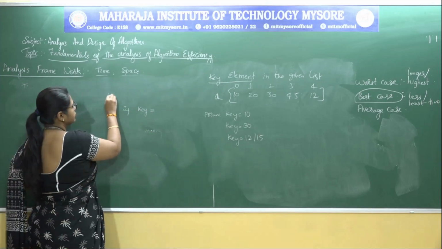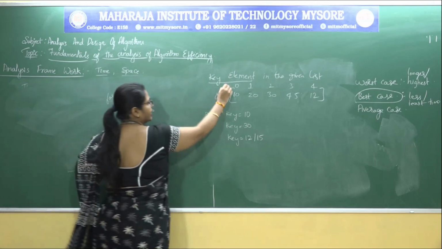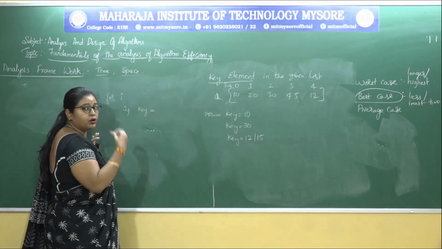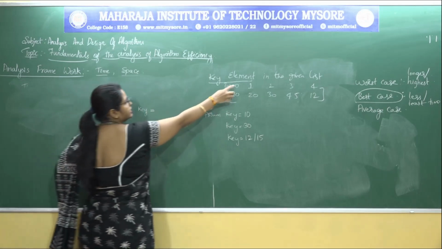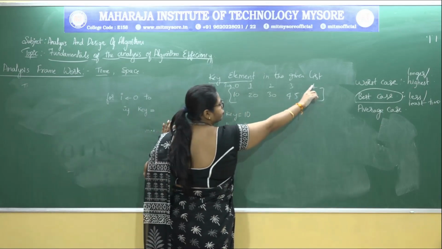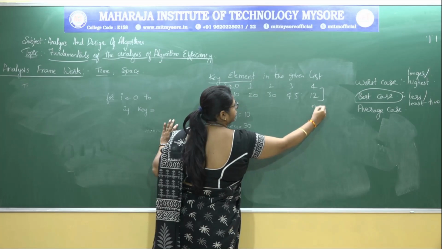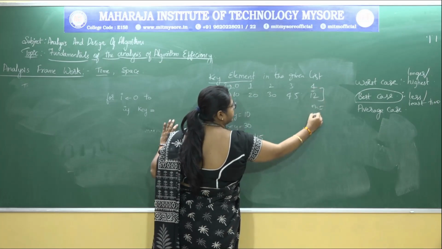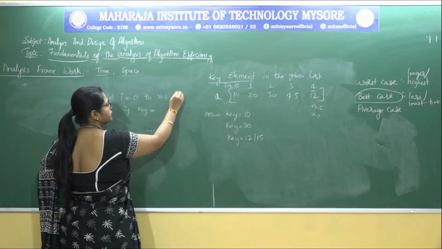The index value I is used to access the array element. It starts from the 0th position and goes up to 4. If n is equal to 5, then 4 is nothing but n minus 1, so it goes up to n minus 1.